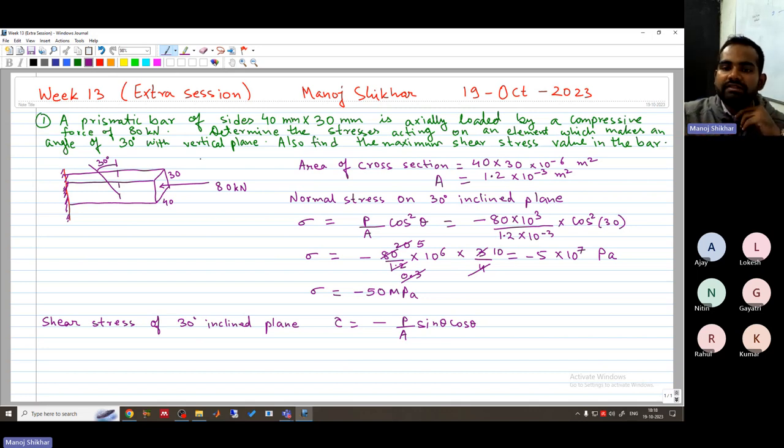Because here if I see this plane, the stress on this plane will be minus 80 upon this area. Right. So you know what is sigma x now. So accordingly you will have to put there. I'm directly using the formulas because I'm assuming that in previous classes we have discussed this and you know that these formulas exist.